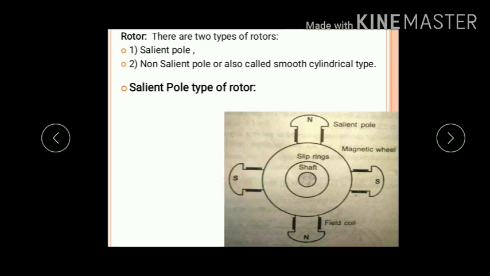If you stop supplying DC field, some small amount of flux will remain in the pole, but it is not sufficient to induce an EMF in the stator conductors. In fact, a small amount of EMF will also be induced, which is not appropriate, right?